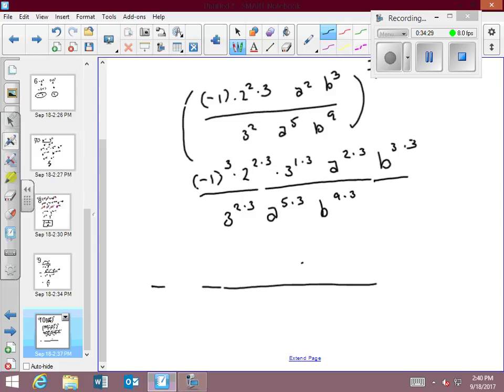And I'm going to leave everything prime factored. It's going to be 2 to the 6th, 3 to the 3rd, a to the 6th, b to the 9th, over 3 to the 6th, a to the 15th, b to the 27th. Right?